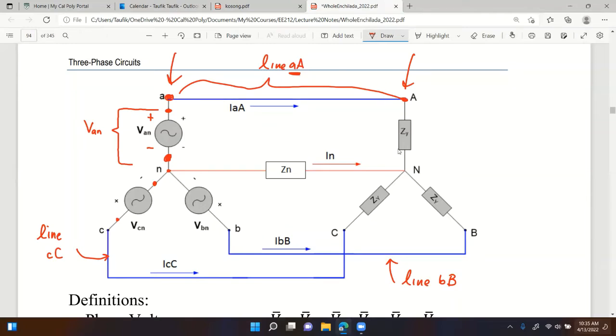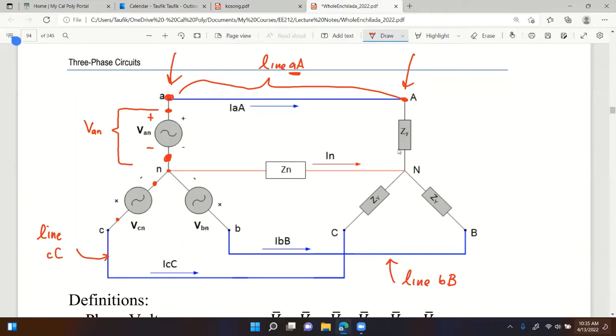Actually, I have four. The other one is right here, but it's kind of useless because there's 0 amps through it. We're going to ignore this because it's going to be zero volts anyway, due to 0 amps through the neutral conductor, as we discussed earlier. So I'm just going to erase that one.